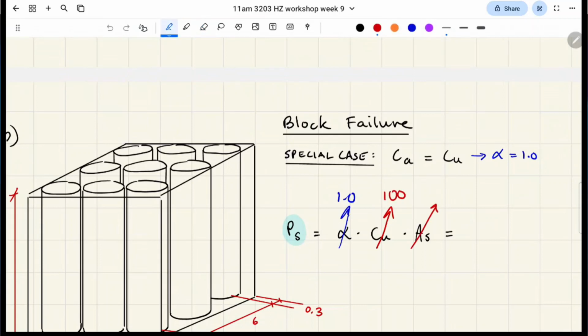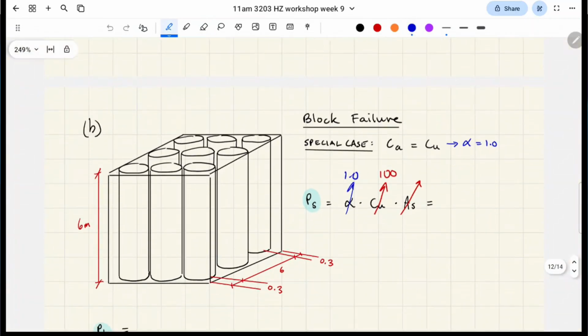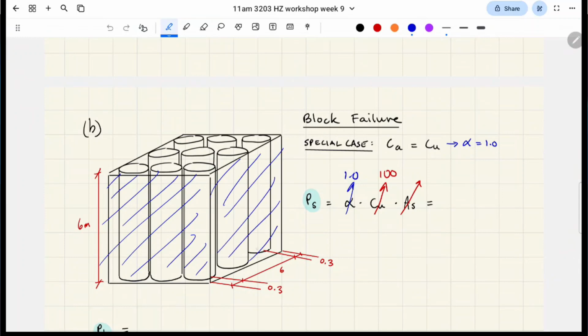And then the area of our shaft we're going to be calculating is going to be this. Right, so we have to get the perimeter of this block and multiply it by that length. Okay. So perimeter is 4 lots of, basically this here, when you add them all up, is 6.6 meters.